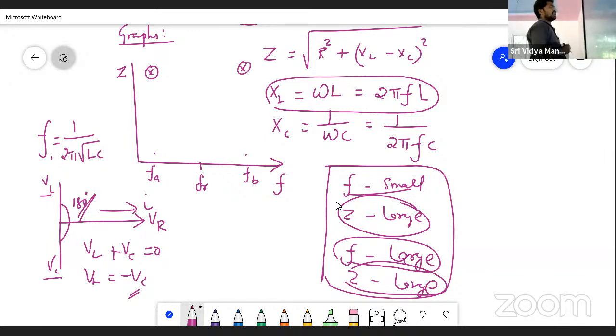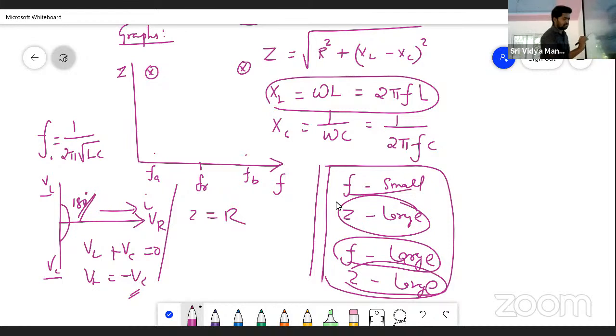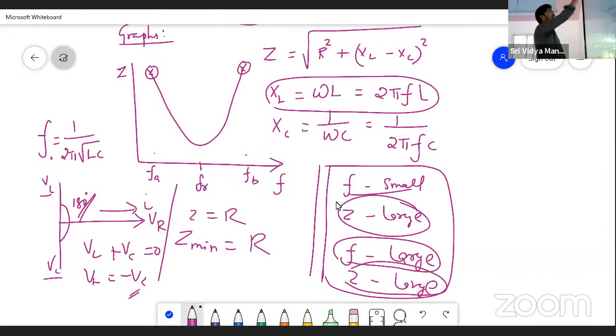At resonance frequency, what happened? Z is equal to R, Z is minimum, equal to R. At the resonance condition, the Z value is reduced compared to the remaining two conditions. So Z is reduced.